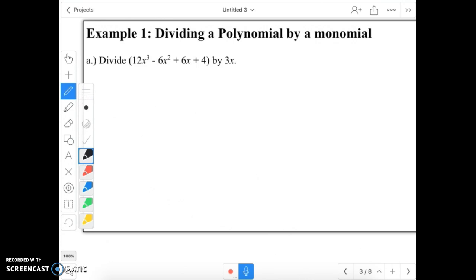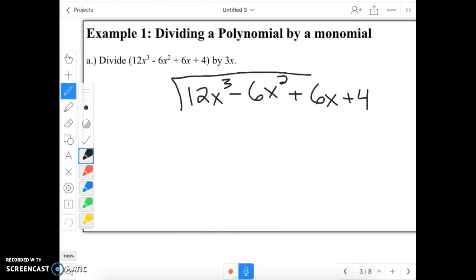So if we're going to divide this polynomial and the monomial, first thing I have to do is rewrite this. So when you're writing this, everything needs to be in standard form, meaning we have the highest power down to the lowest power.